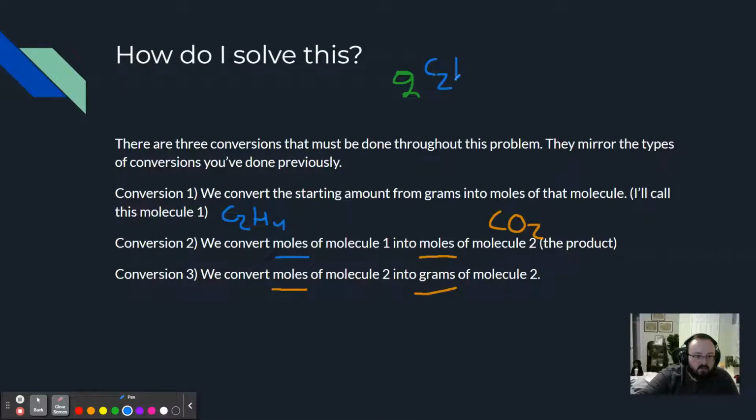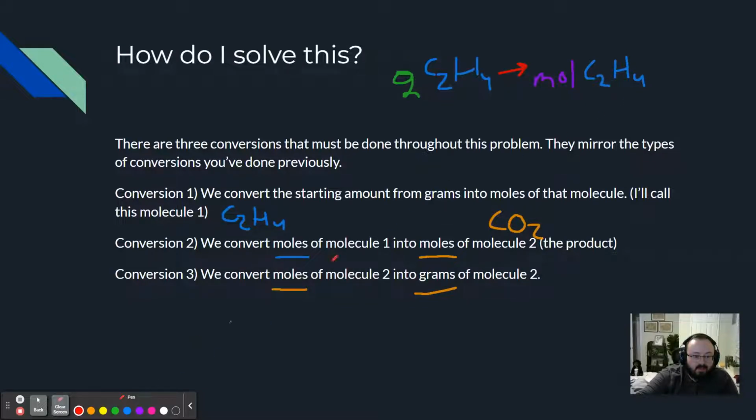of C2H4 and we are converting this into moles of C2H4.